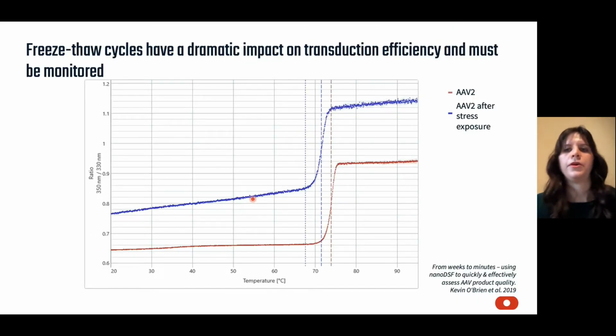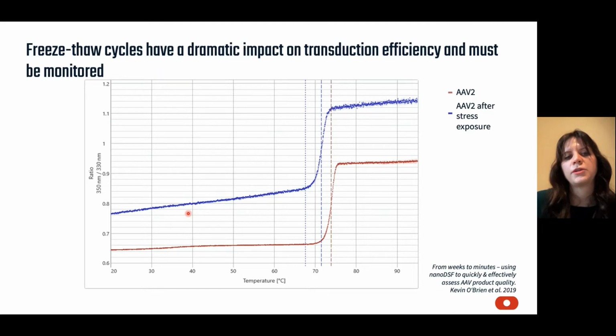Next, I want to talk about the impact of stress on the quality of your AAV. Here we have AAV2 before and after 5 freeze-thaw cycles. This is from the same work that really demonstrated how the Prometheus can expedite your gene therapy research.